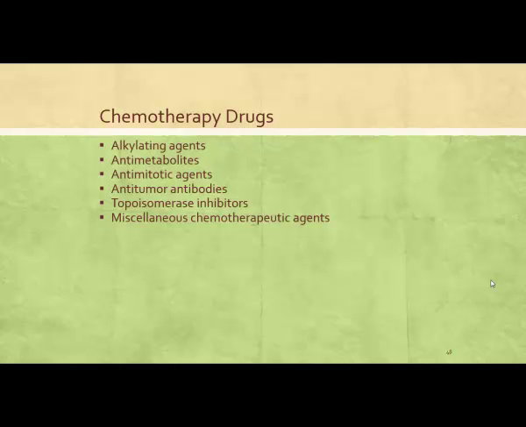So when you think about chemotherapy drugs, they all work much the same way in preventing cellular mitosis. Typically we use more than one drug to help increase the effectiveness of therapy.